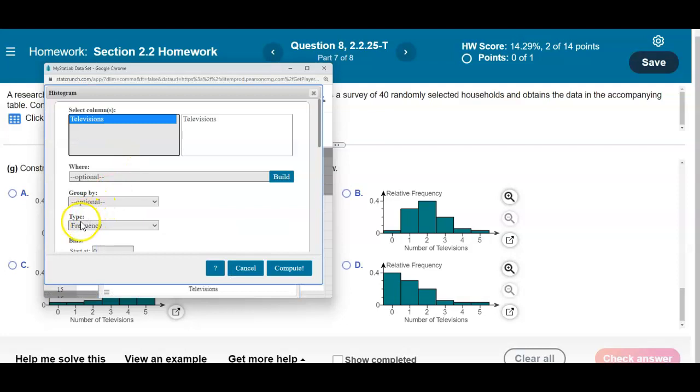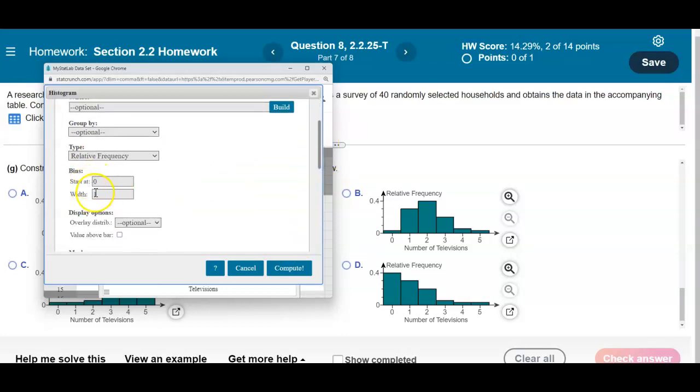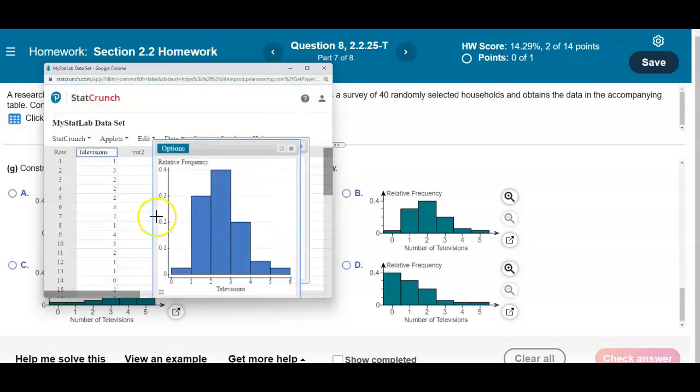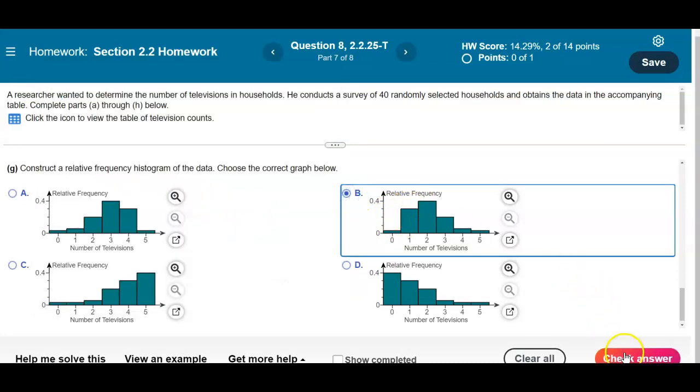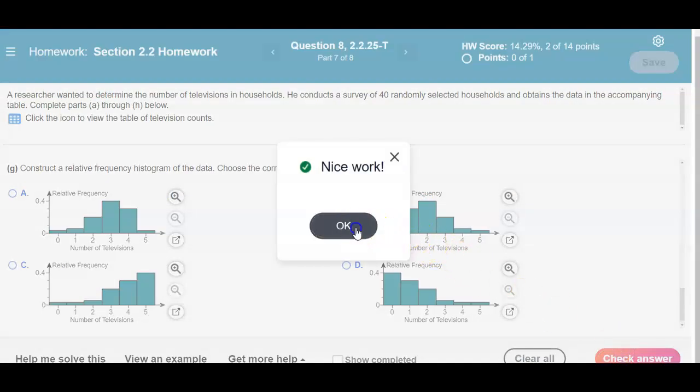And instead of the type of frequency, we can just select relative frequency. And then everything else is pretty much already in there. So we're going to select compute, and then we're going to get sort of the same look as we did here for B as well. So it looks like B, again, represents our relative frequency. So we're going to select B, and then there's our answer.